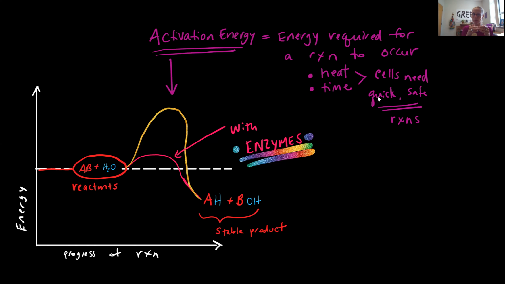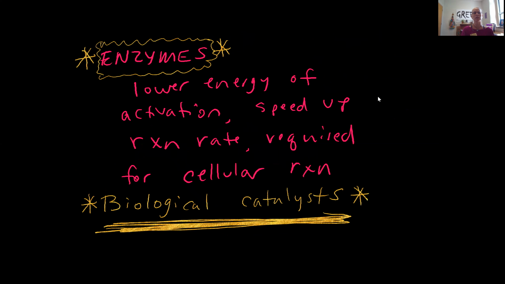We're going to be talking more about enzymes as we go along with the course, so this is just our real quick introduction to this idea. The key thing about enzymes is that they are lowering the energy of activation. They are speeding up those reaction rates, and they are basically required for all of our cellular reactions.